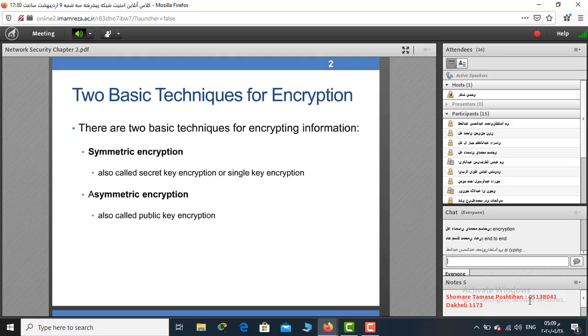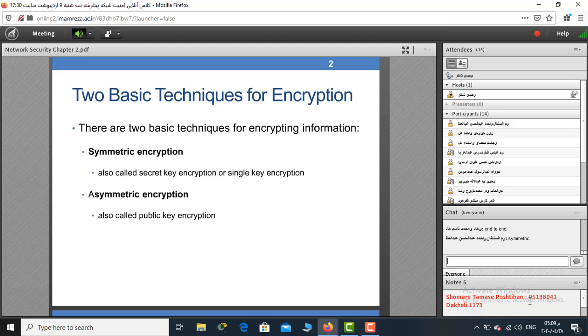End-to-end encryption? Yes, end-to-end encryption, of course, is an approach for cryptography, but also, yes, symmetric, for example. Symmetric is a general category of some encryption algorithms.